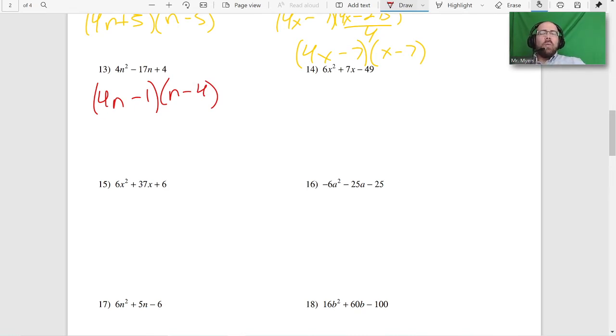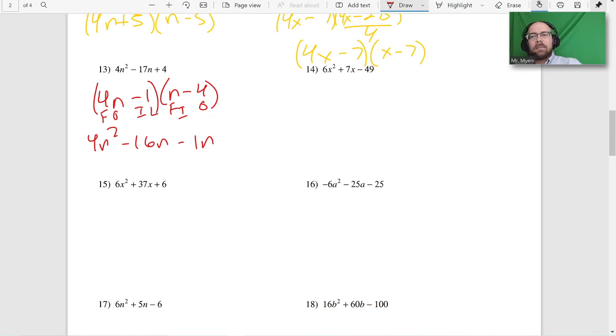Oh, also, one of the things that I haven't really mentioned yet that I really would recommend doing, especially if it's on a test and you have time, is to multiply it back out, FOIL it back out. First times the first, 4n squared. Outer times the outer, negative 16n. Inner times the inner, negative 1n.